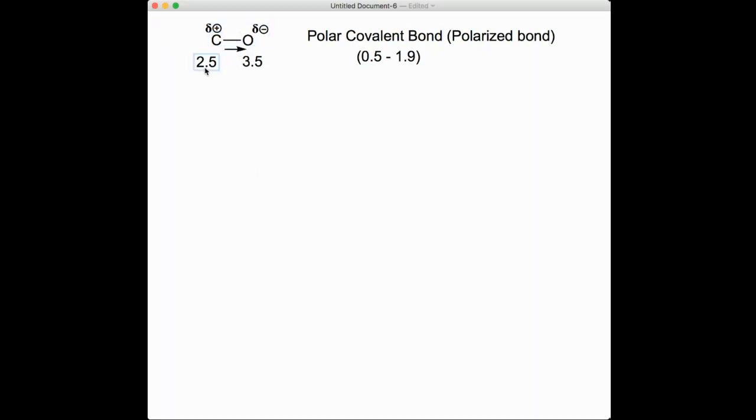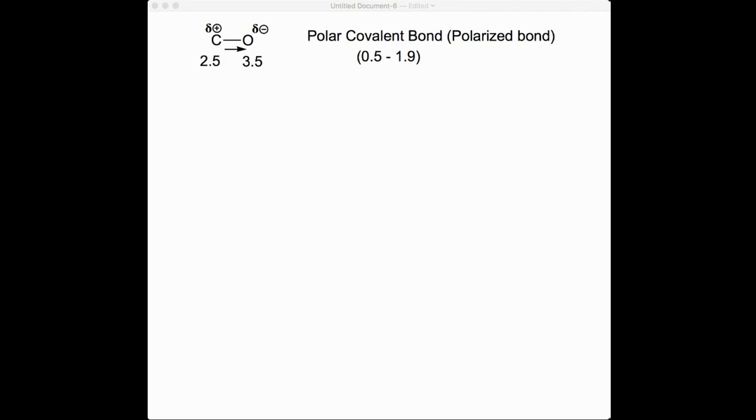So what this means is actually, once again, a difference in electronegativity between 0.5 and 1.9, leading to a polar covalent bond, means exactly what I'm showing on the screen right now.